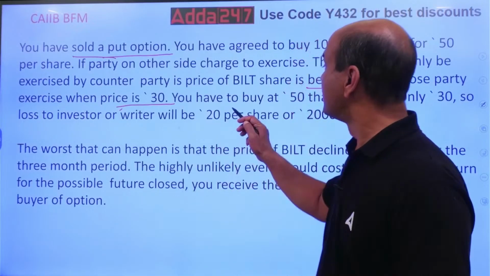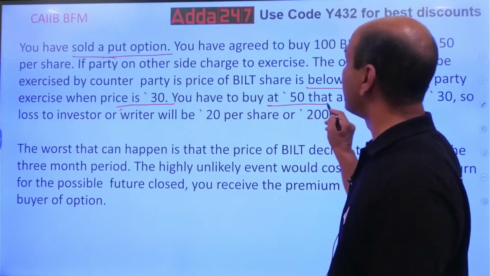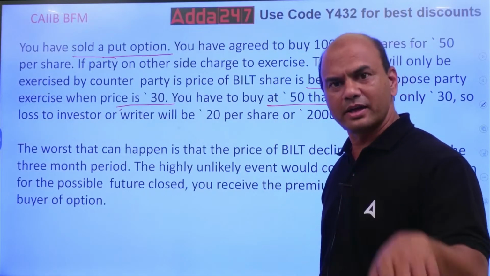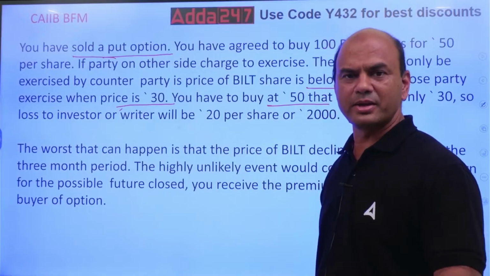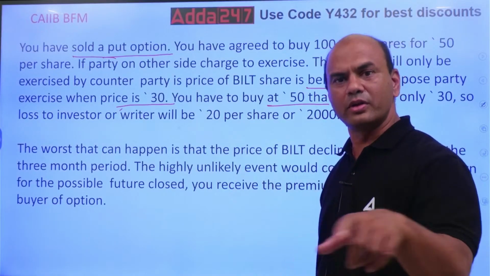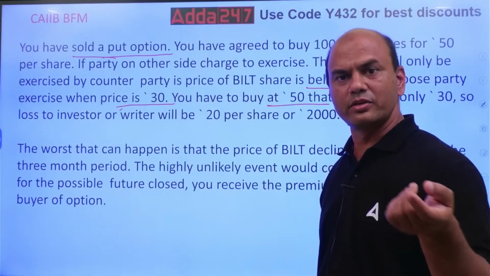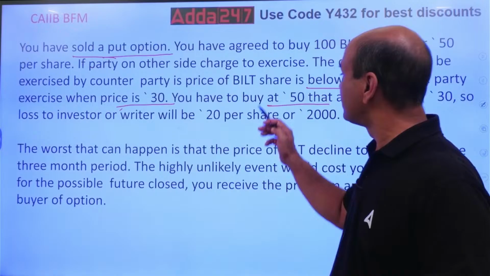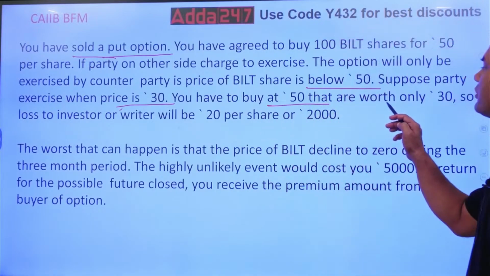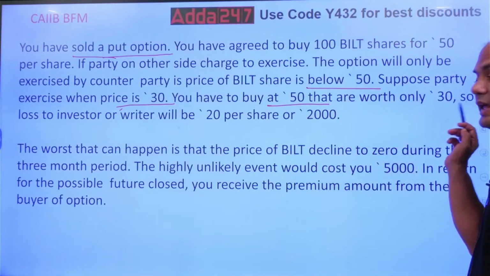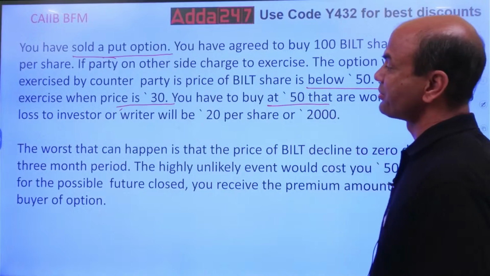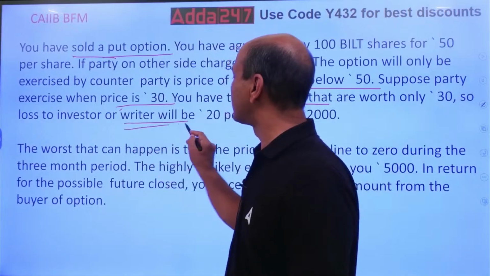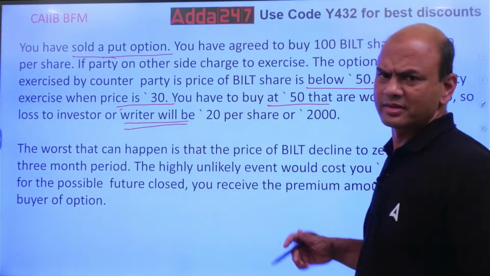You have to buy it at 50 because I told you it would not go below 50. The buyer will say, you had told me it would not go down, so take it, buy at 50. So I will have to buy this stock at 50 when the actual price is only 30. So the loss to the writer will be 20 per share, isn't it?